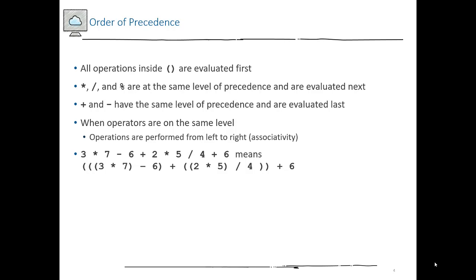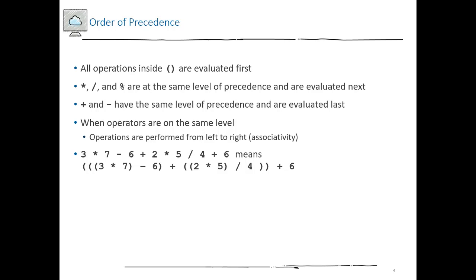In the expression shown right here, 3 times 7 minus 6 plus 2 times 5 divided by 4 plus 6, it means that 3 times 7 is evaluated first, and then 6 is subtracted from that, and you have the answer there.